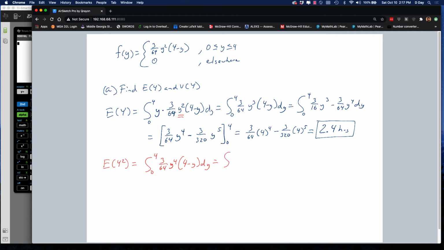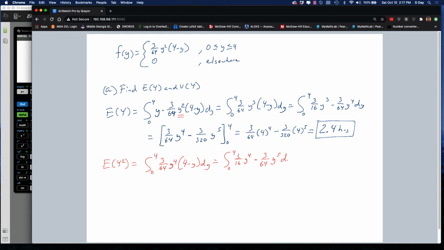Integrate 0 to 4. That's going to be, again, 3/16, this time y to the 4th, minus 3/64 y to the 5th dy.